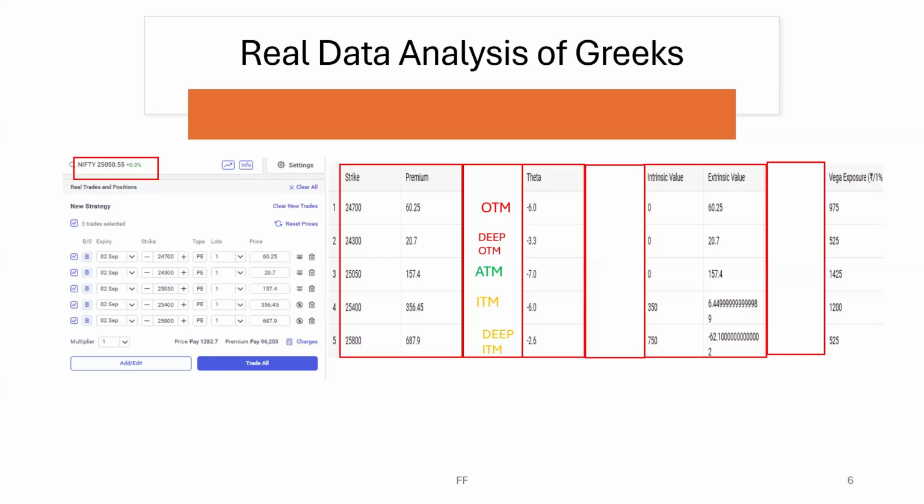Now, as the market falls, market will fall at 24,700 and then only 24,300. So 24,700 has a higher theta compared to that of 24,300. In a similar way, because it is a put contract, if somebody had, let's say, in this context, bought at 25,800 or 25,400, it would be in the money, capturing a value of, let us say, 25,050.